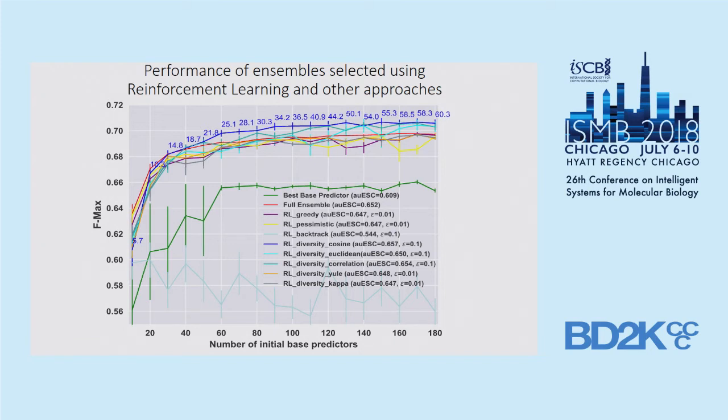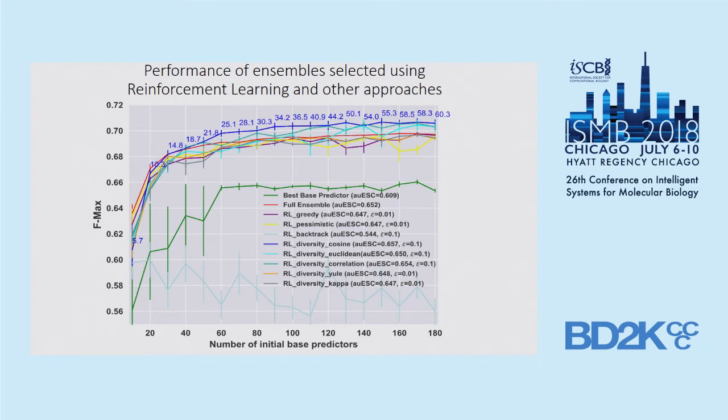And on the other hand, almost all of the RL-based strategies perform competitively with the full ensemble. Okay? Now, the interesting thing here is that we are able to reach that performance by using a substantially smaller set of base predictors, which is great for interpreting those models down the line, for possibly reverse engineering the biological process of interest or the study that we're looking at.